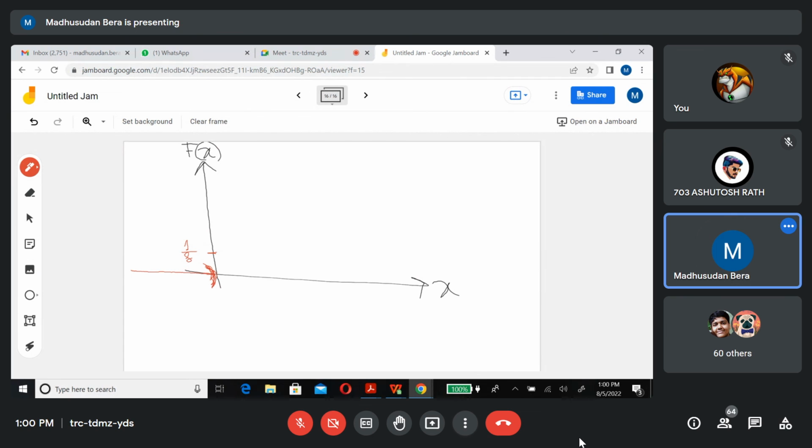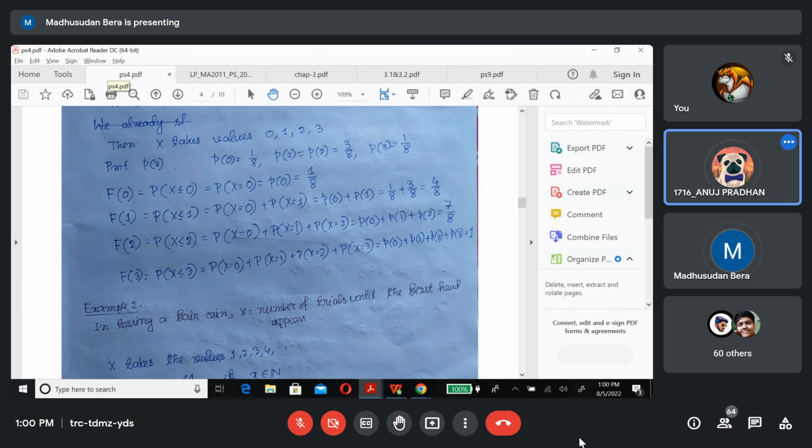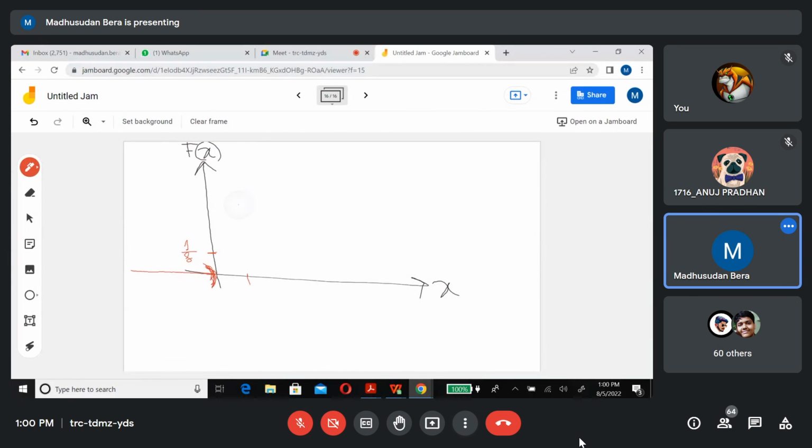At 1 the value is 4 by 8, so suppose that height is this one. I have to take a small height, so suppose this height is 1 by 8, and this height is half.